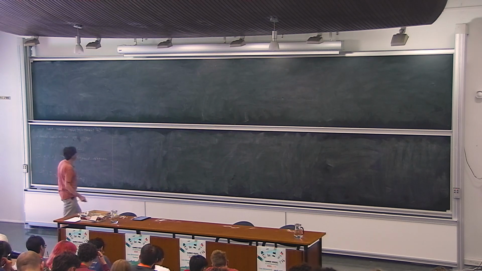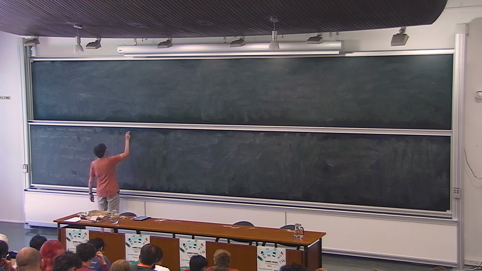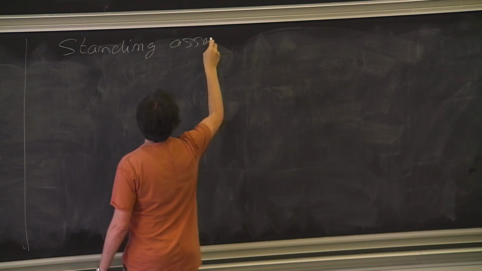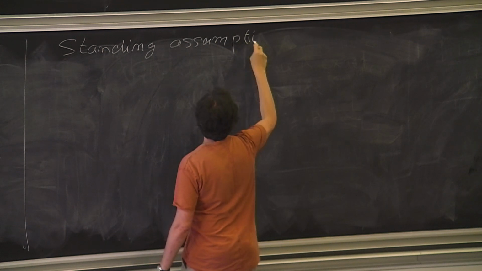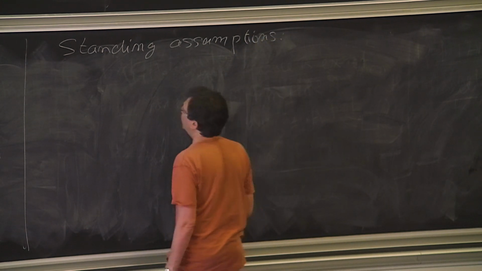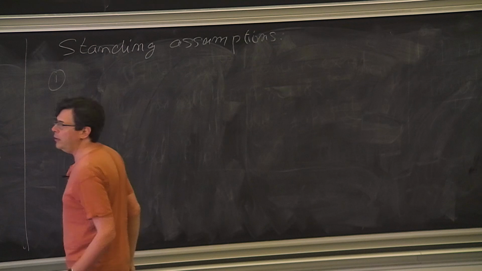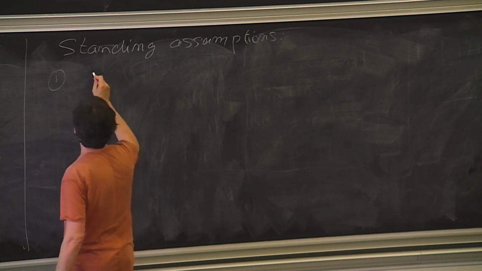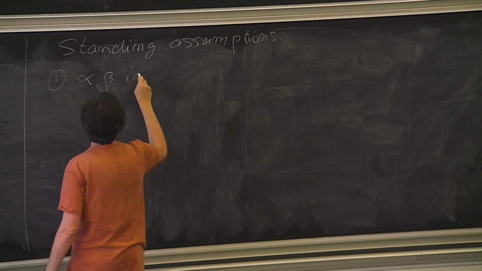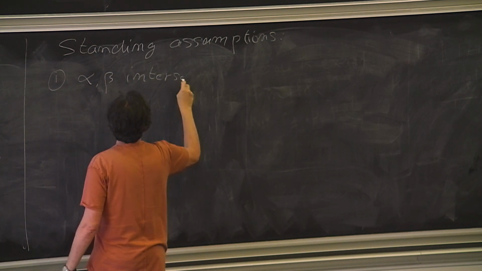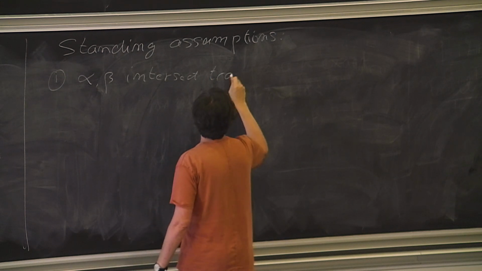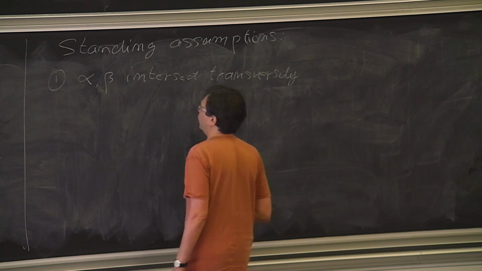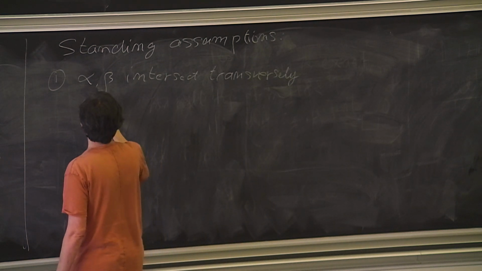Two standard assumptions on the Heegaard diagram. The first one, and this is really a standard assumption, I will never mention it again: alpha and beta intersect transversely, and there are no triple intersections.